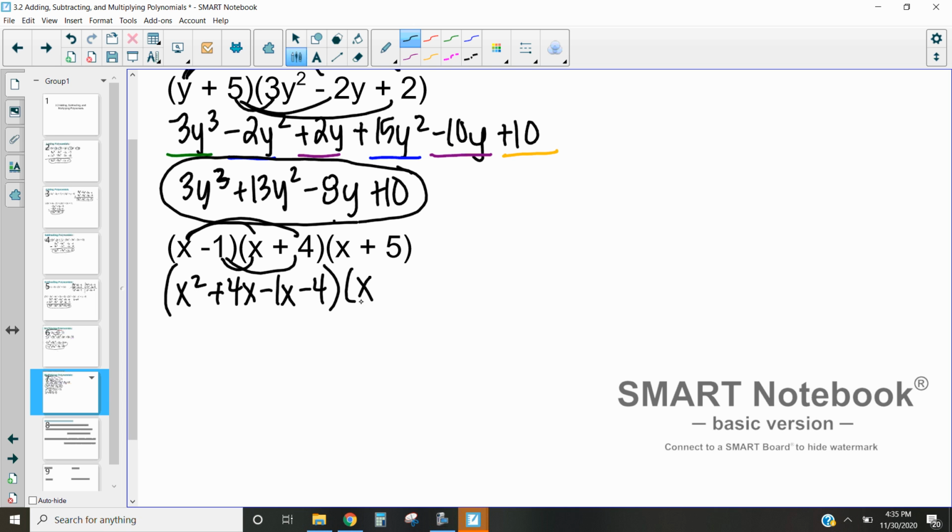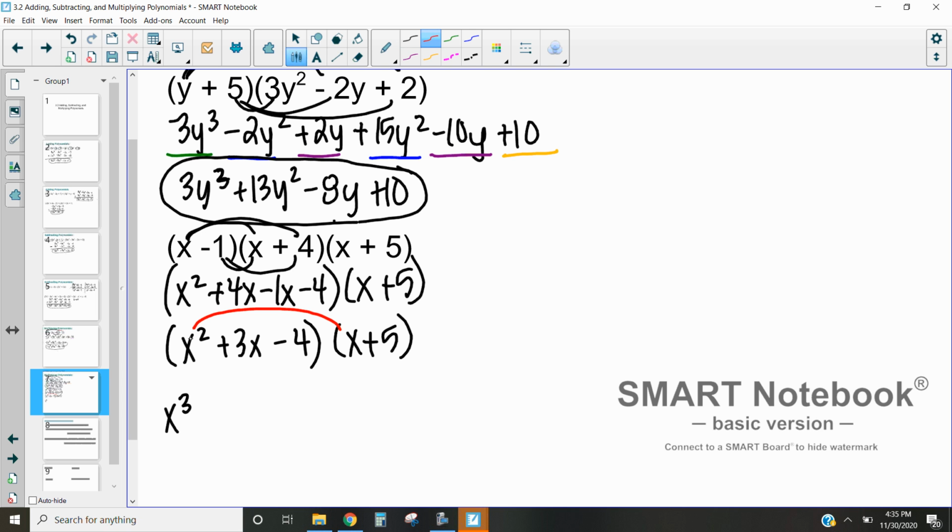Now I need to multiply that whole thing by x plus 5. Before I do that, I want to simplify what's inside here so I don't have to multiply out as many times. So really what I have here is x squared plus 3x minus 4 times x plus 5. Now let's go ahead and multiply these out. x squared times x gives me x cubed. x squared times 5 gives me plus 5x squared. 3x times x gives us a plus 3x squared. 3x times 5 gives us a plus 15x.